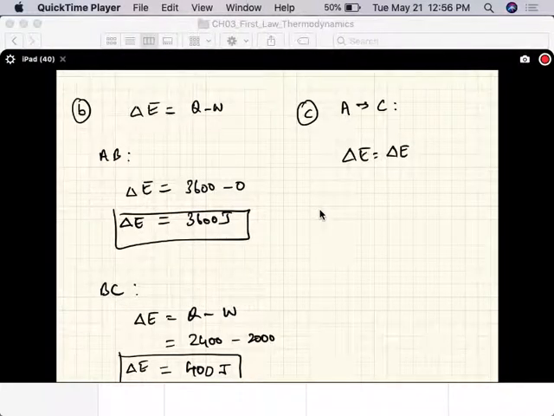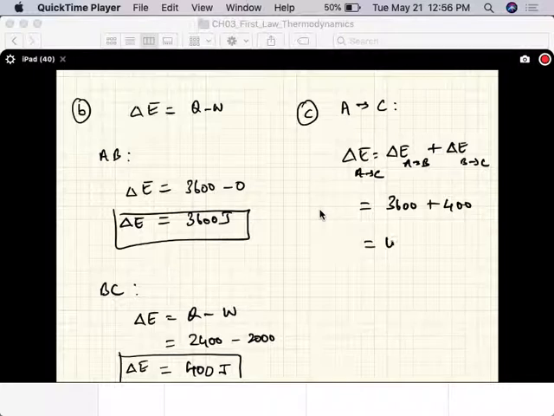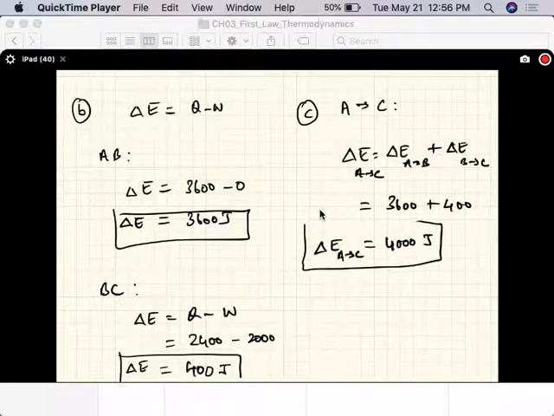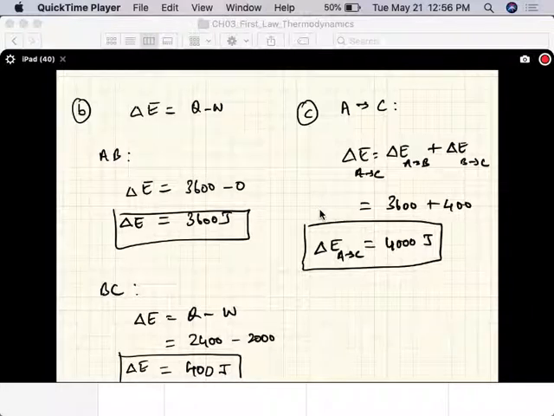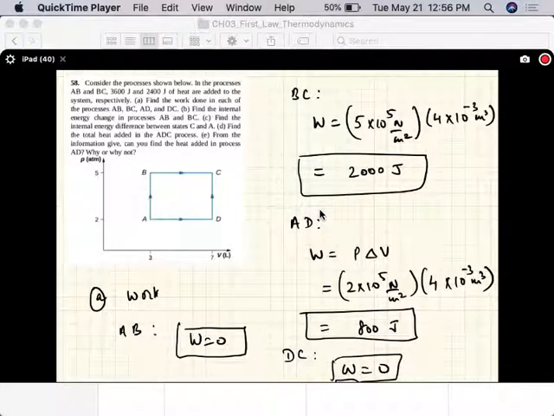Change in internal energy going A to B plus change in internal energy going from B to C. And this was 3,600 joules plus 400 joules, 4,000 joules. So we are explicitly saying that in going from A to C, your internal energy increased by 4,000 joules. Okay.